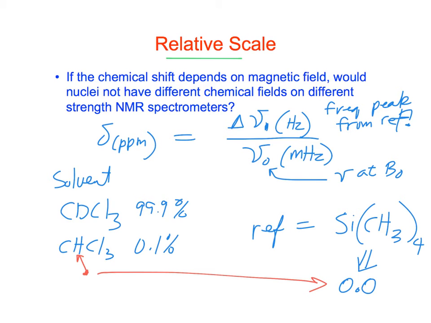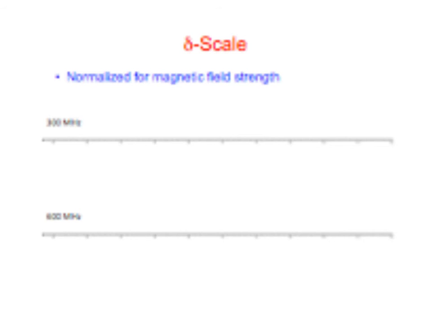When I was doing stuff before, I was using 7.24, and then Steven pointed out to me, oh, it's 7.26. So I'm like, what? I don't think that should depend on what your reference is, though. The 7.26 should be relative to TMS. Acetonitrile does the same thing, it seems like. Our instrument shows it at 1.9. Yeah, I think it's just the accepted value has changed. Okay, we'll double check.